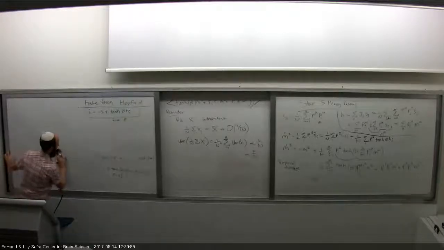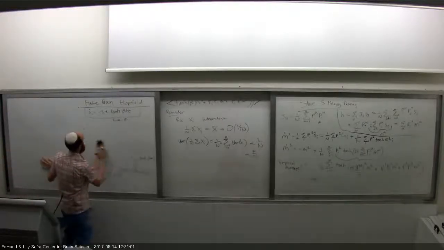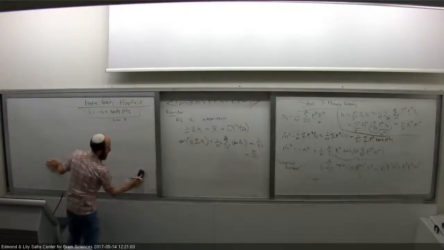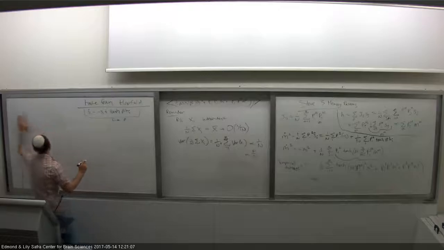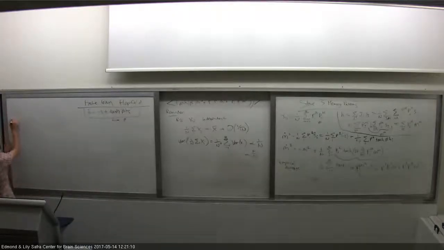So there are 4 different terms in the average, and they each occur with equal probability. So let's write it out.